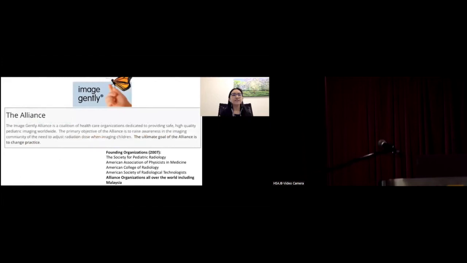So Image Gently is a coalition of healthcare organizations dedicated to providing safe, high-quality pediatric imaging worldwide. The primary objective is to raise awareness in the imaging community of the need to adjust radiation dose when imaging children. So they have alliance organizations all over the world, including Malaysia.